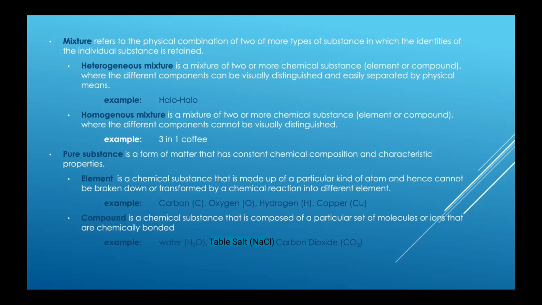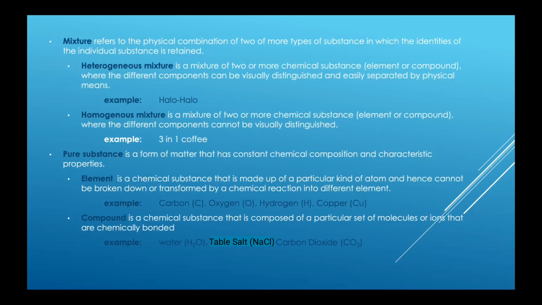So, these are your compounds. Okay? There are different more compounds over there. There are millions of compounds. So, sabi nga nila, compounds are infinite. There are infinite numbers of compounds. Okay, are we good?